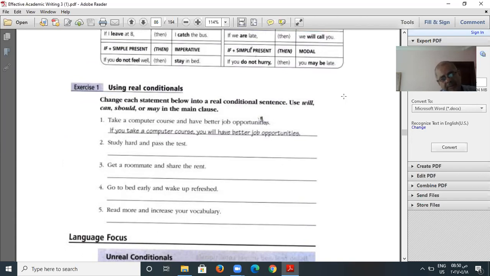Number two. We have study hard, pass the test. How can we make this conditional sentence or an if clause sentence?